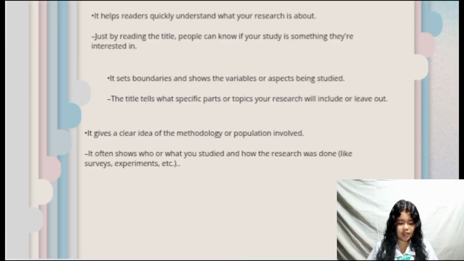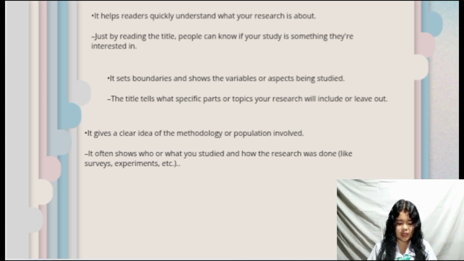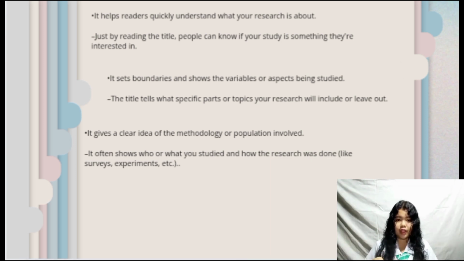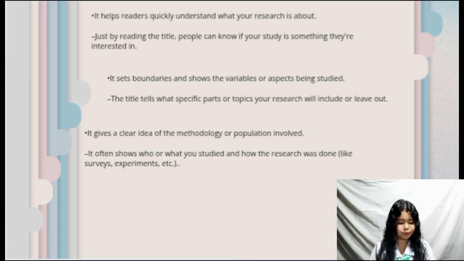Another purpose is it helps readers quickly understand what your research is about. Just by reading the title, people can know if your study is something they're interested in. So if you have a well-developed research title, the readers will quickly understand what your research is about.